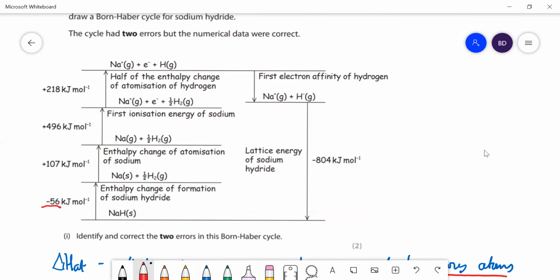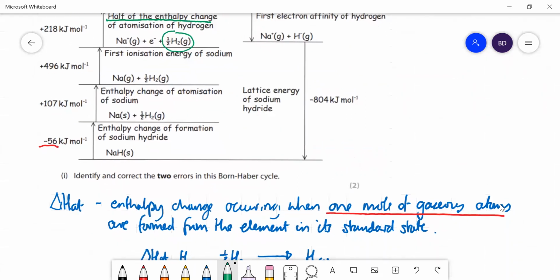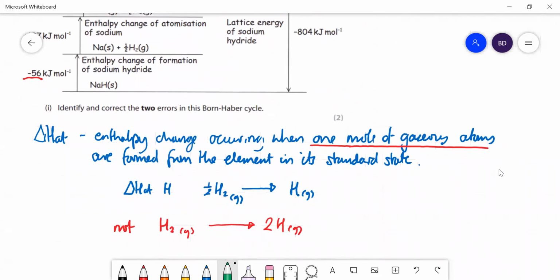The second error is this one up here. It says half the enthalpy change of atomization of hydrogen. What have they done here? They've got half a mole of hydrogen and they've split it into gaseous hydrogen atoms. It's important to know the definitions for the Born-Haber cycle.